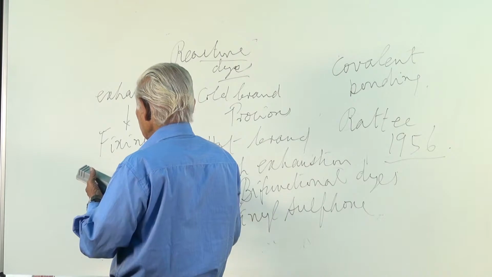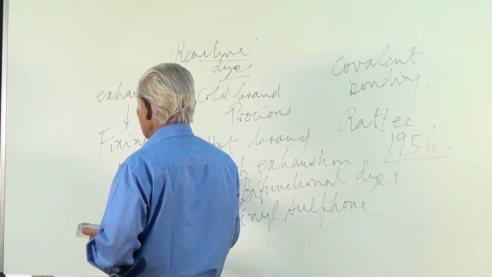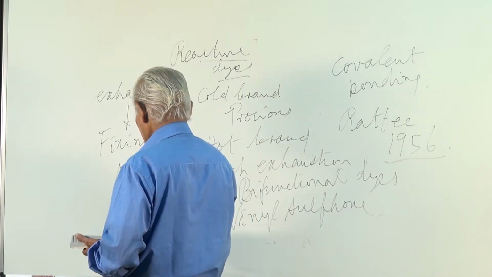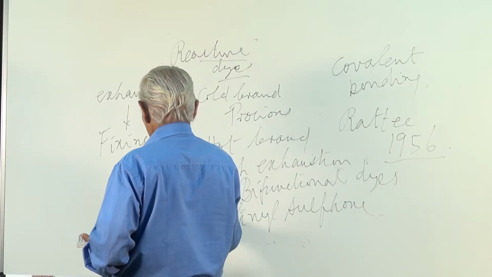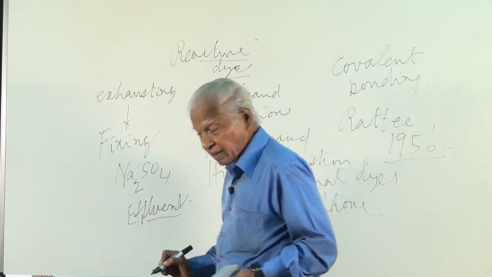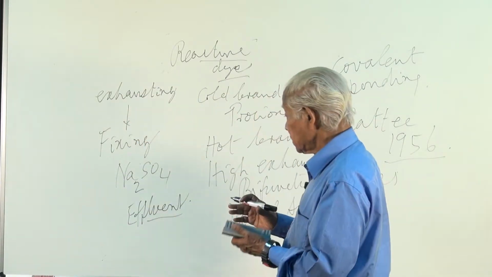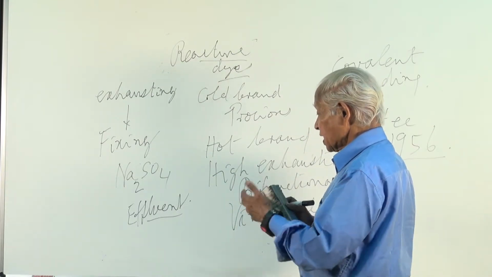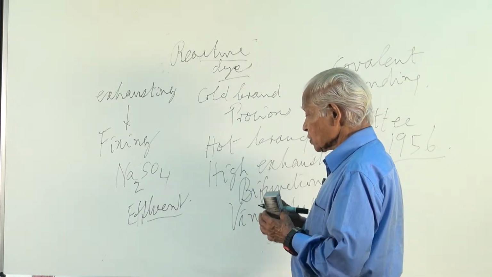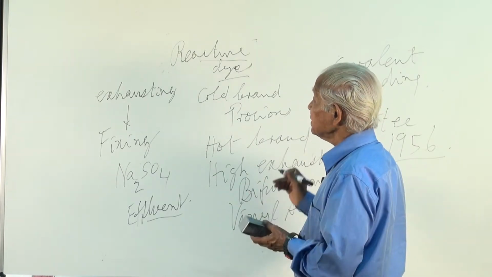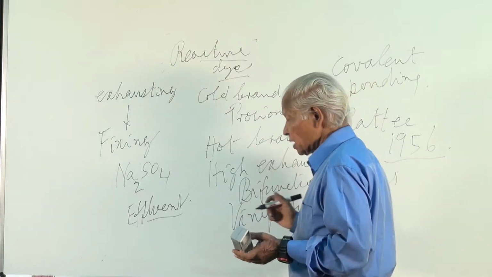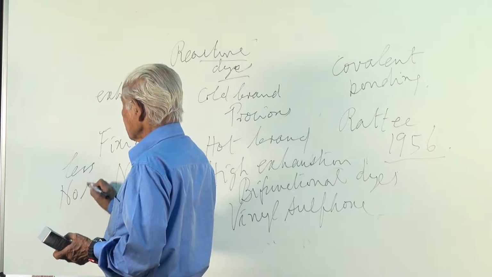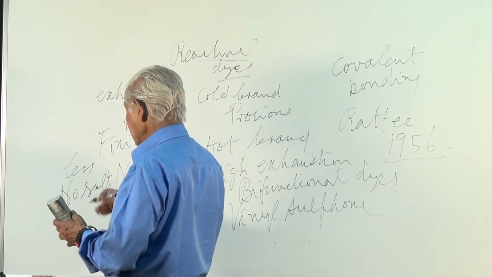And the addition of salt to the dye bath has posed a lot of problems in the sense of effluent problems. When the effluent contains a very high quantity of salt, the effluent that comes out cannot be used unless the salt is removed. So people thought of dyeing the textile materials using reactive dyes with less salt or with no salt at all, so that the effluent problem can be taken care of.